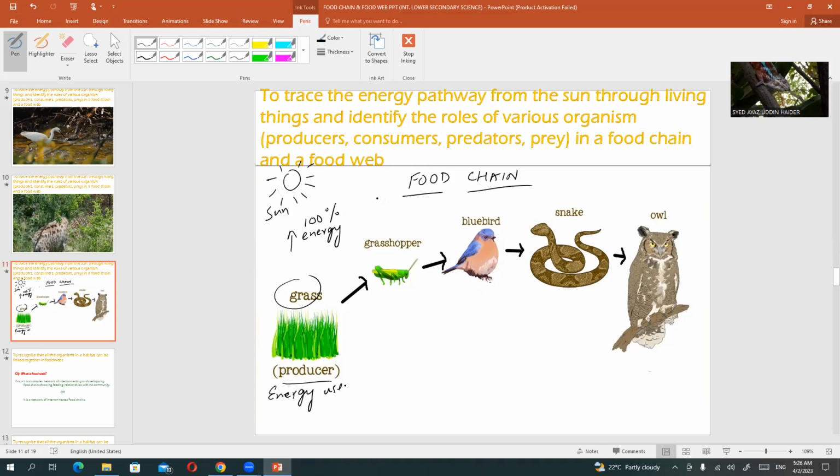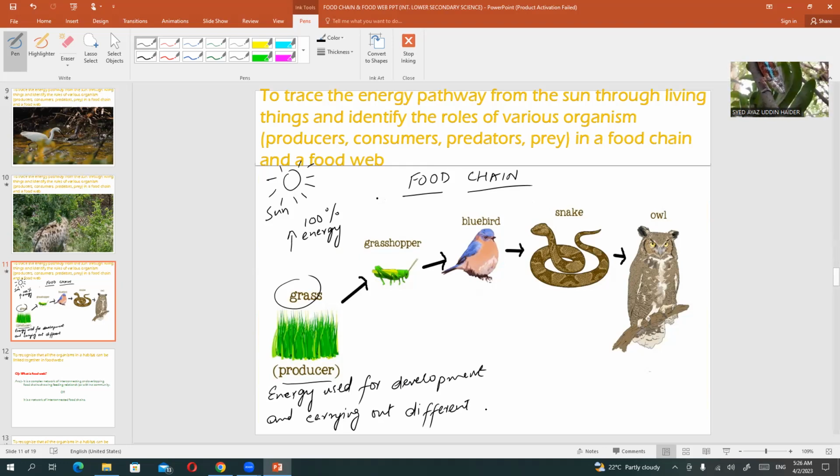Energy used for development, and carrying out different metabolic activities. Which means some amount of energy is lost at this stage.